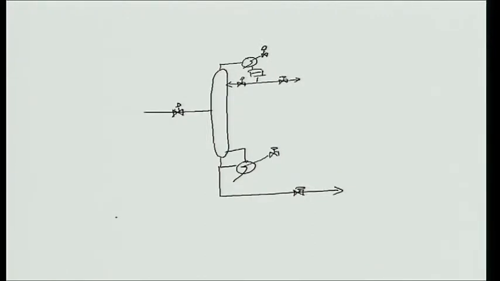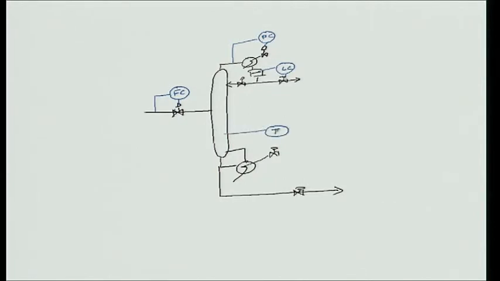So, conventionally what is done is you have your throughput manipulator here, this is set probably by an upstream process, and the conventional way of doing things is this is under pressure control, this is under level control, I just say this is under temperature control.